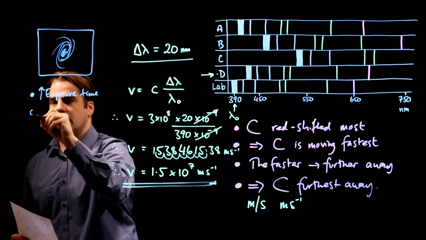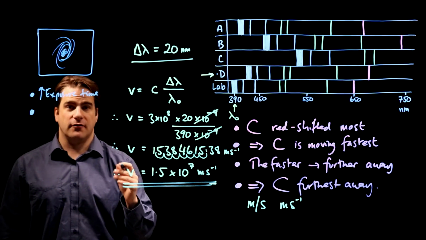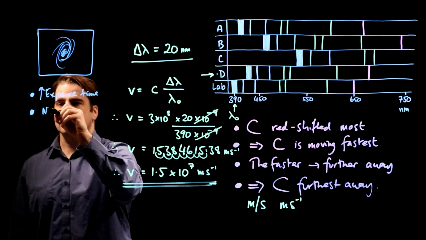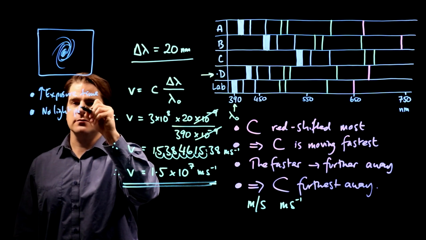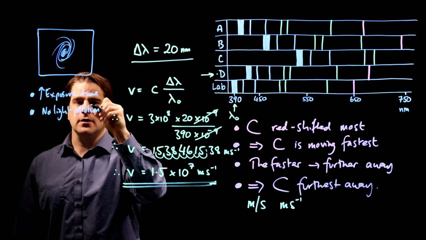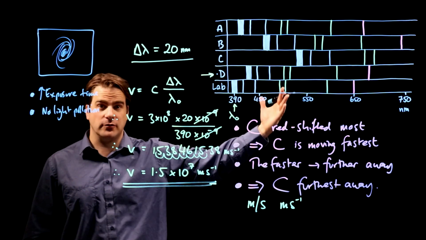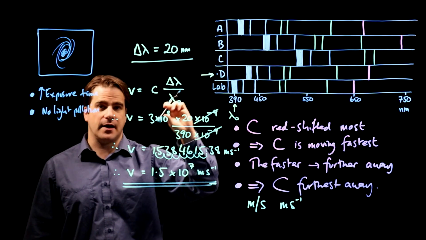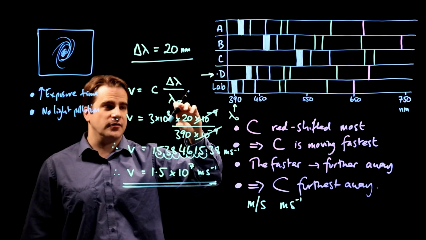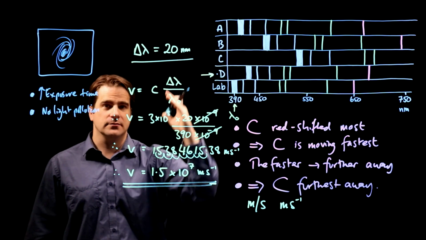Okay, you could say take the photo away from light pollution, or no light pollution. Okay, so go into the country, choose a dark night, go up a mountain. Also, going up a mountain places less of the atmosphere in between the telescope and the galaxy.